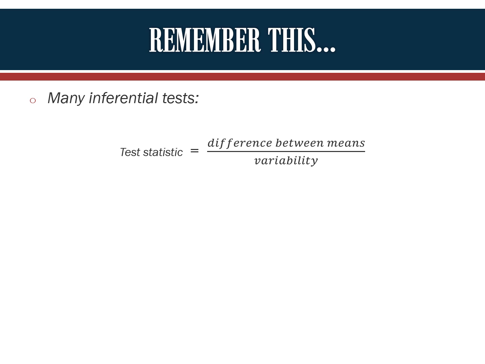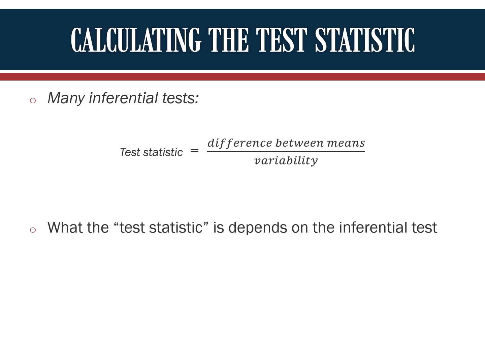Now remember this, the first time we talked about this was way back in variability, right? We talked about how for many inferential tests, the test statistic equals the difference between means divided by variability. So in most tests, we're comparing the difference between conditions against the variability of the data. The test statistic depends on which inferential test you do. For a z-test, your test statistic is z, a z-score, specifically a z-score for a sample mean. That's what we're going to pick up after spring break. We'll talk about the z-test, and we'll see how this fits into the process.